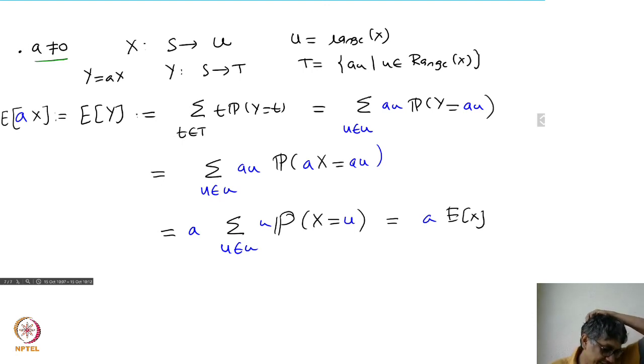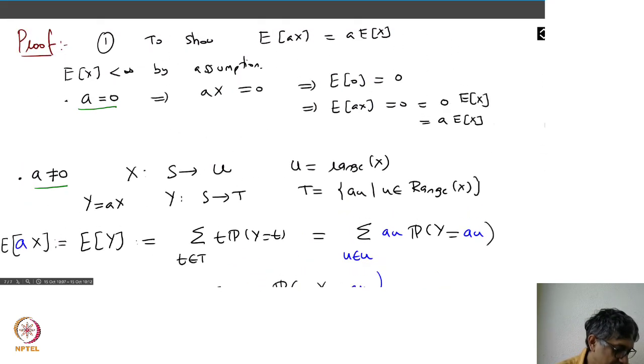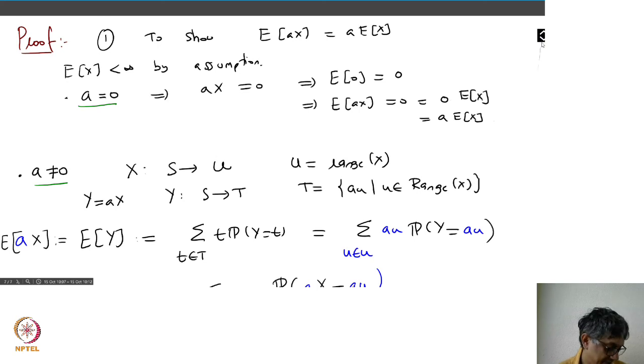So if a is not 0, you look at y is equal to ax and just follow through the computation and get the answer. So that's pretty simple. So that finishes the proof that E of ax is equal to a times E of x.